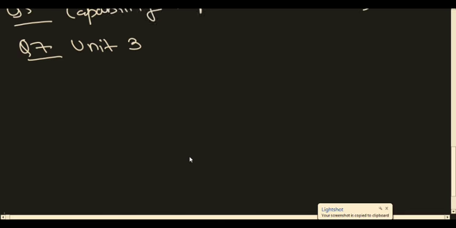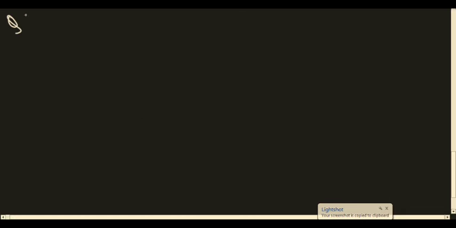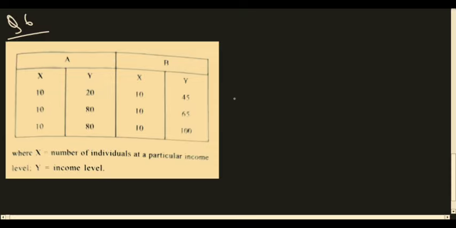Question 6. Basically, they have given country A and country B, where X is the number of individuals and Y is the income level.